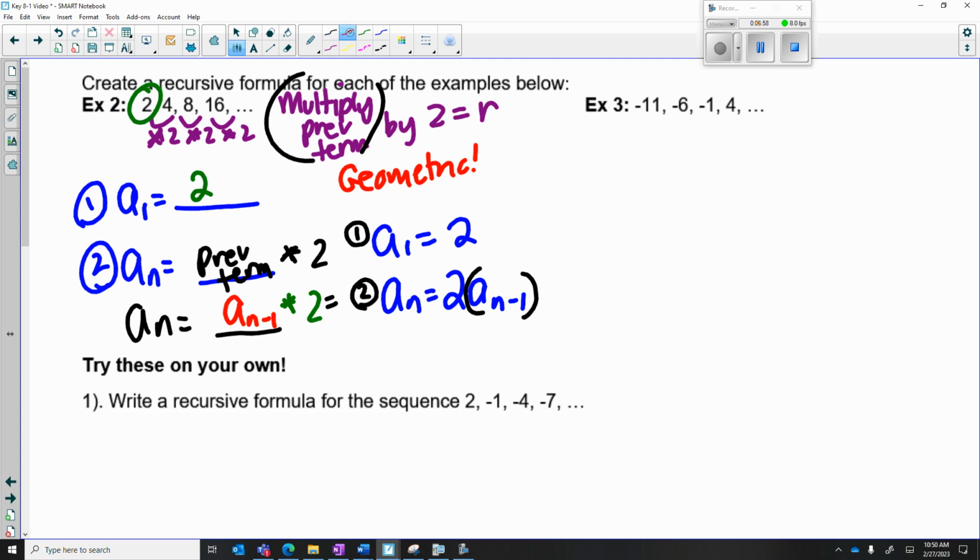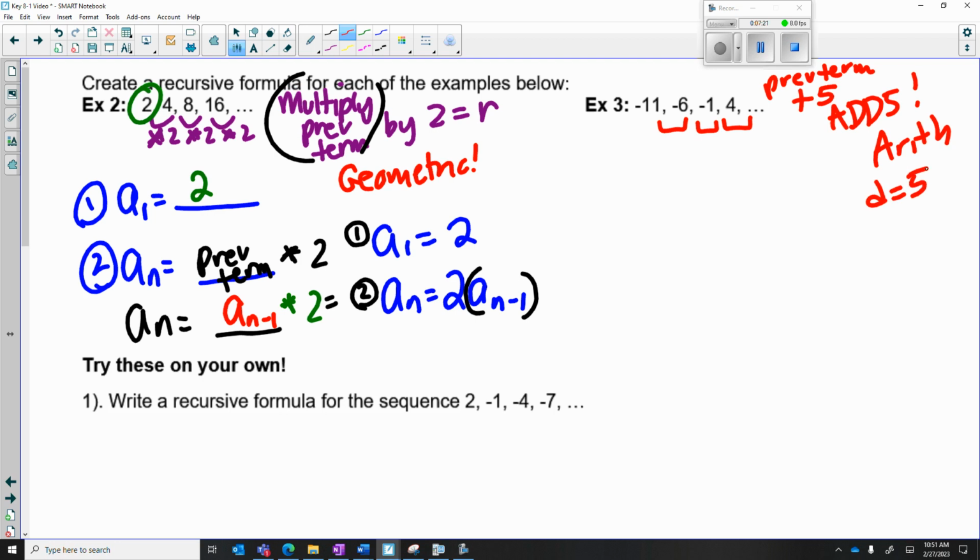All right, let's do one more. What is the pattern that you see here? I'm hoping you're saying add 5 to the previous term. Because I'm adding 5, that is called arithmetic, and that 5 is called the common difference. So we're going to do our two pieces, piece 1 and piece 2.